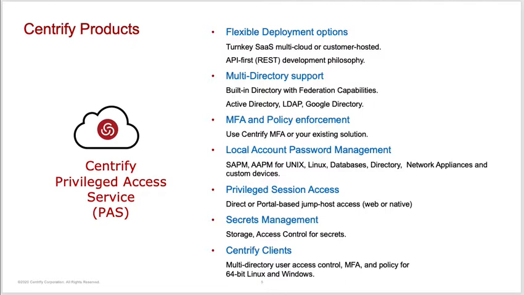It is a vault as well, so it provides shared account password management for multiple devices, databases, and other systems. It is also what we call a jump box. The connector technology allows for jump box access, does secrets management, and it has its own lightweight clients, typically called the cloud agents.